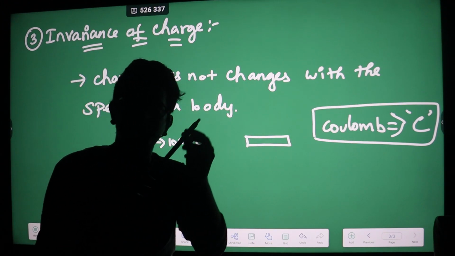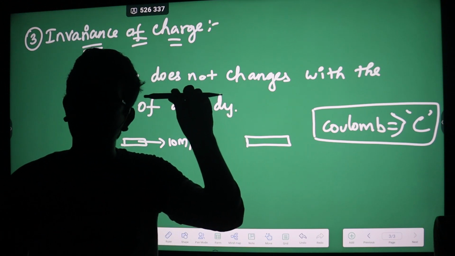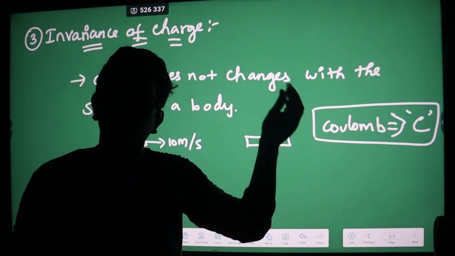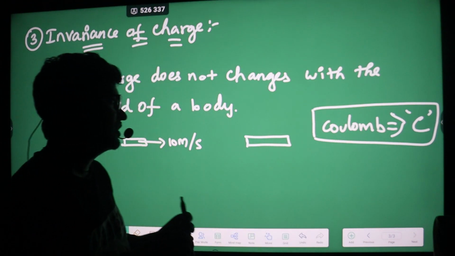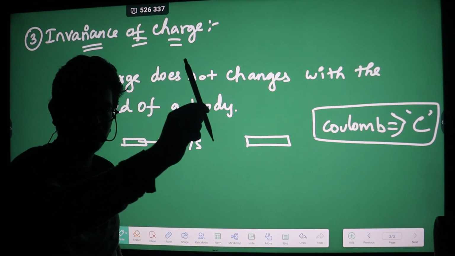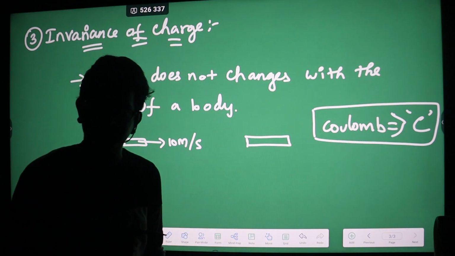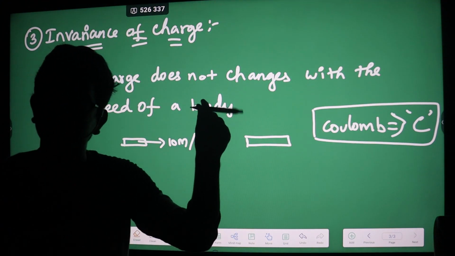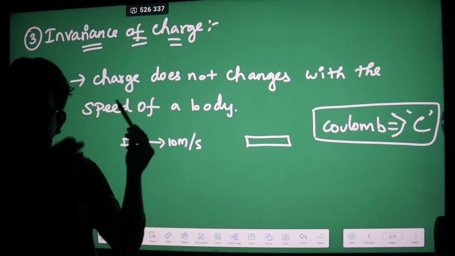So while the body is in motion, is the charge magnitude going to change or not? Is the charge value going to change or not? Because it has 5 coulomb. Once this body gets into motion, is the charge going to increase or decrease, or is it going to be the same?